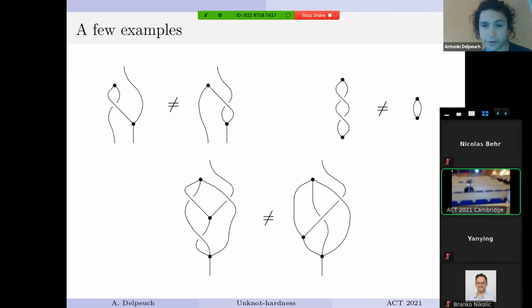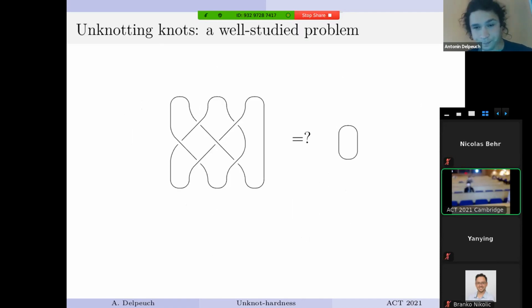So because I didn't have any idea how to solve this word problem, I tried to instead show that it is hard. And in complexity theory, we do this by reducing a known hard problem to the problem at hand. And of course, the natural choice in this case was to reduce the unknotting problem.